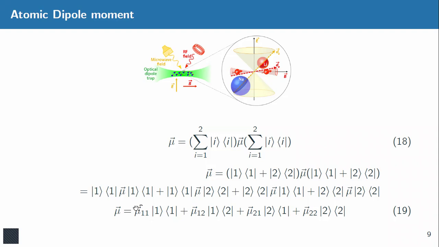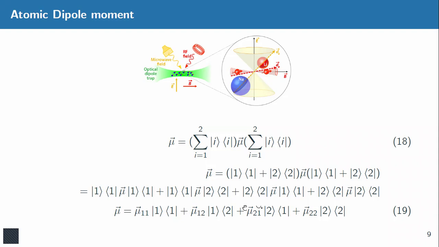And there are some transitional terms, mu 12 and mu 21, and these are given as the transition dipole moments when the electron jumps back from the higher state to the ground state, or jumps to the higher state from the ground state.